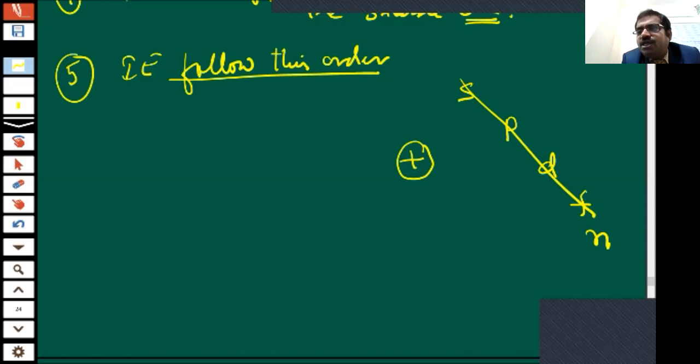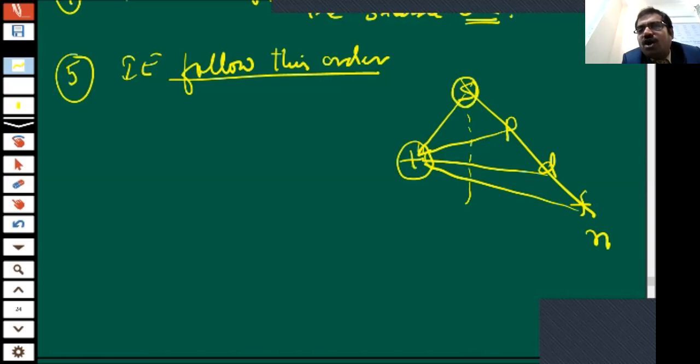So children, it has been observed by our scientists that when the same orbit is there, the S suborbit is nearer to the nucleus compared to the P, then compared to the D, then compared to the F. So for those closer to the nucleus, we cannot pull their electron so easily.